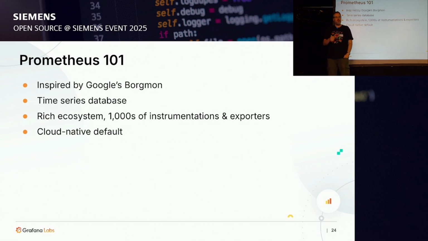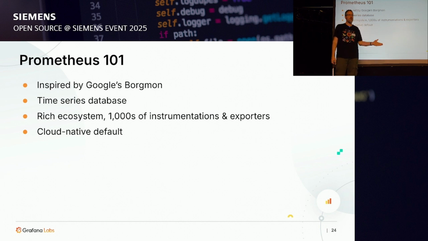It's a time series database, as in it stores numbers which change over time. Lo and behold, that's precisely what I said initially, numbers are the most optimized form of data. There's literally tens of thousands of instrumentations and exporters, tens of thousands of interfaces which people have already built for data to be put into Prometheus format, because Prometheus is so ubiquitous.